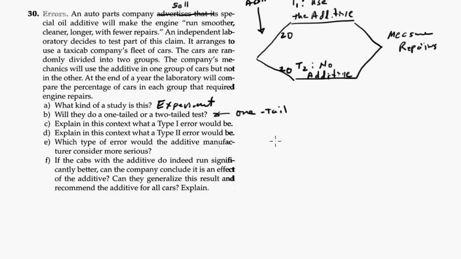Let me further explain. And we need this anyway to do the error analysis. Let's look at what the structure of the hypothesis test would be. So first, we want evidence that it works, not evidence that it doesn't work. We want evidence that it works.